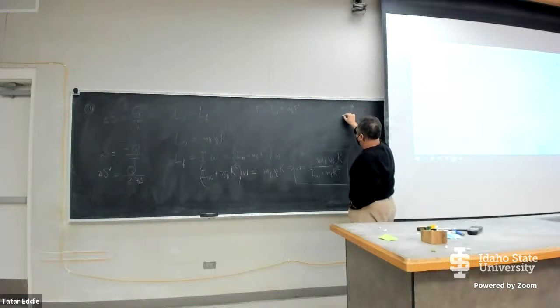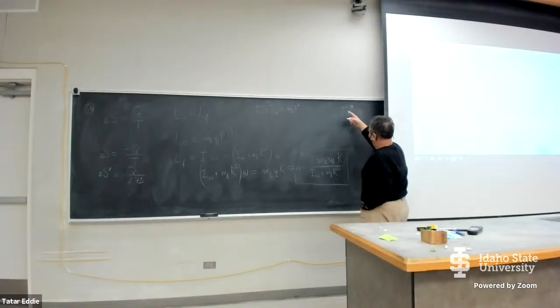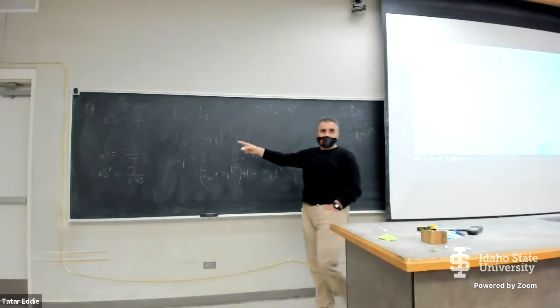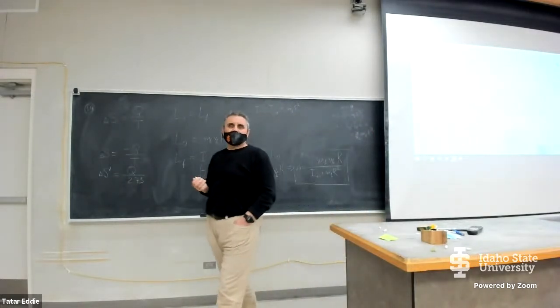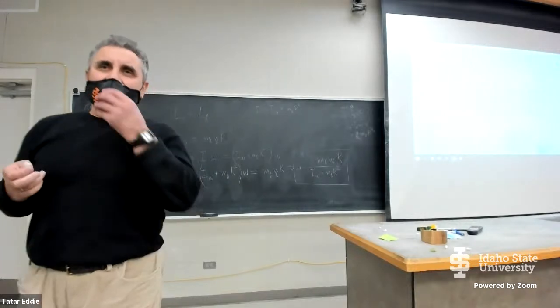The moment of inertia of the bullet is the mass of the bullet times the radius squared, and the angular momentum is the product of the moment of inertia of the bullet times angular velocity. So it is v bullet divided by the radius multiplied by the mass of the bullet, the radius squared. The radius cancels, and you get what we had. But you probably don't want to think in those complicated terms.